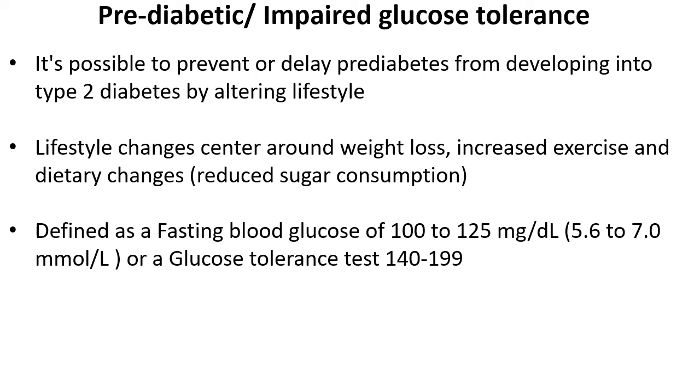Okay, and we can see that you're not really clearing the glucose in your bloodstream like a normal person with no insulin resistance. Okay, so impaired glucose tolerance is the term we use for this. These people have the ability to turn the direction and get away from type 2 diabetes by altering their lifestyle.